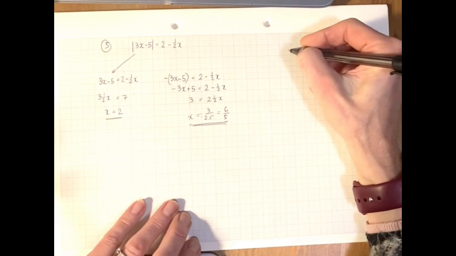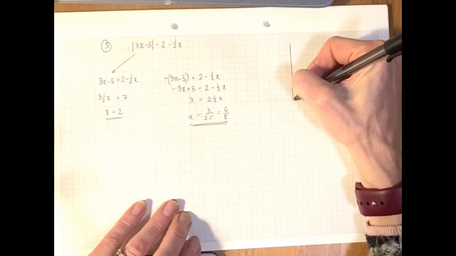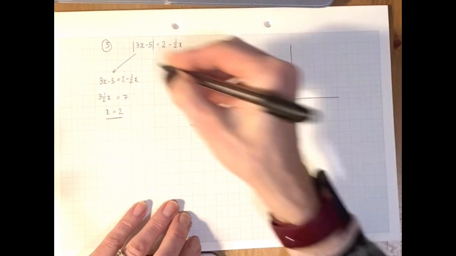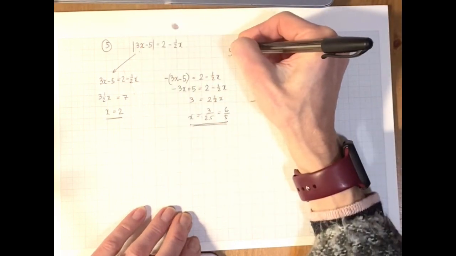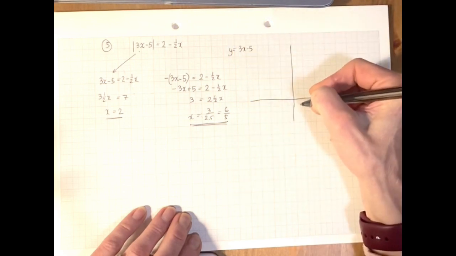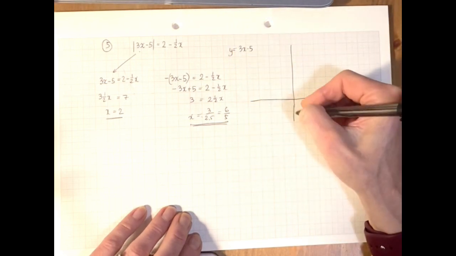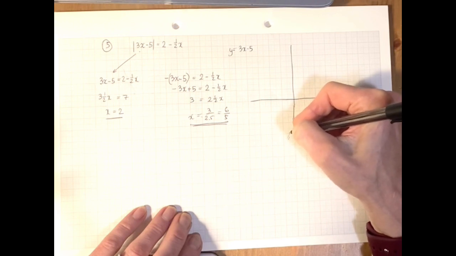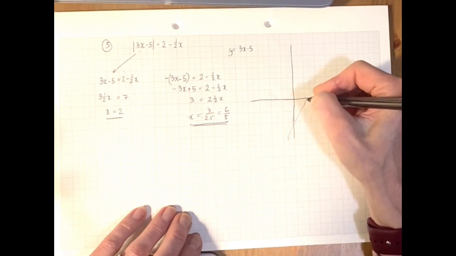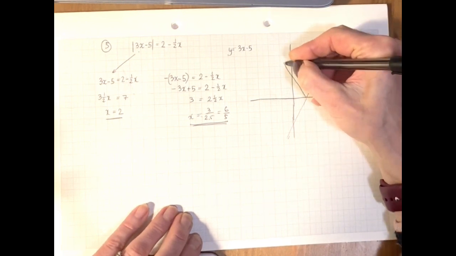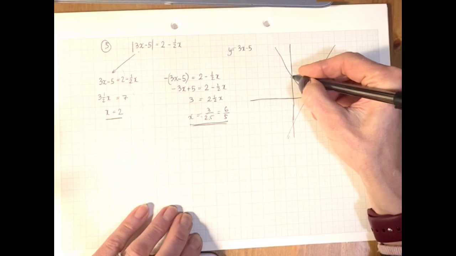If you wanted to have a look at what it looks like when you sketch it, because it's important that you practice sketching as well, you would have to draw the line y equals 3x minus 5 and reflect it in the x-axis. So it's the line with a positive gradient of 3 that goes through minus 5. We're going to straight away reflect the bits that are under the x-axis.